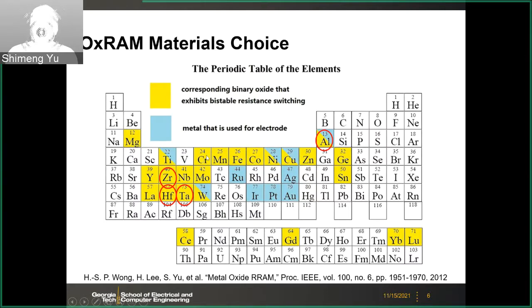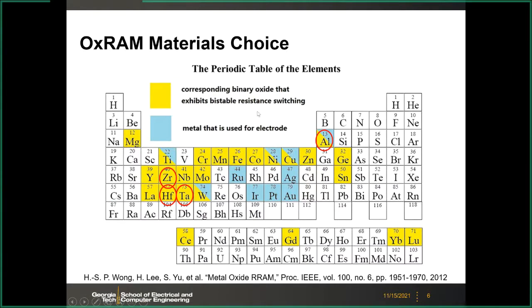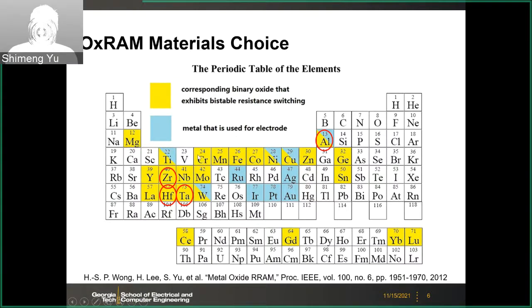So basically here in the periodic table, the yellow color represents the binary oxide which has been reported to show this kind of resistive switching behavior. For example, oxides like chrome oxide or iron oxide or cobalt oxide, all of those metal oxides have been showing this resistive switching behavior.